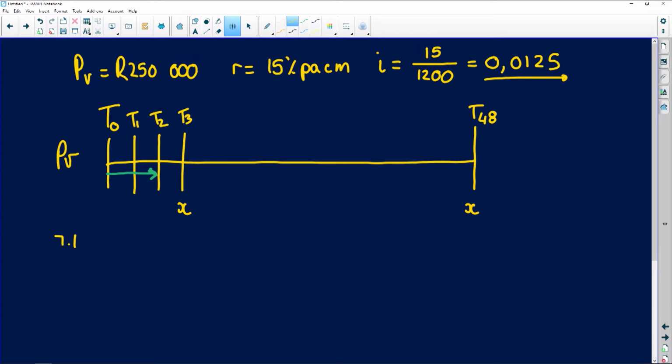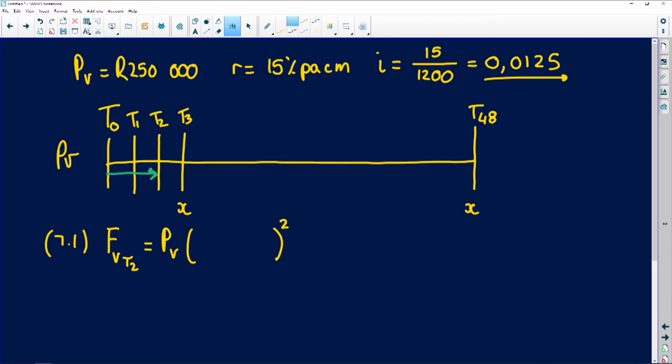For 7.1, we're wanting the future value at timeline 2. Now that is the present value with this as a normal compound interest sum, folks. Nothing happened in those 2 periods. No payments, nothing. So it goes forward at compound interest for 2 months.